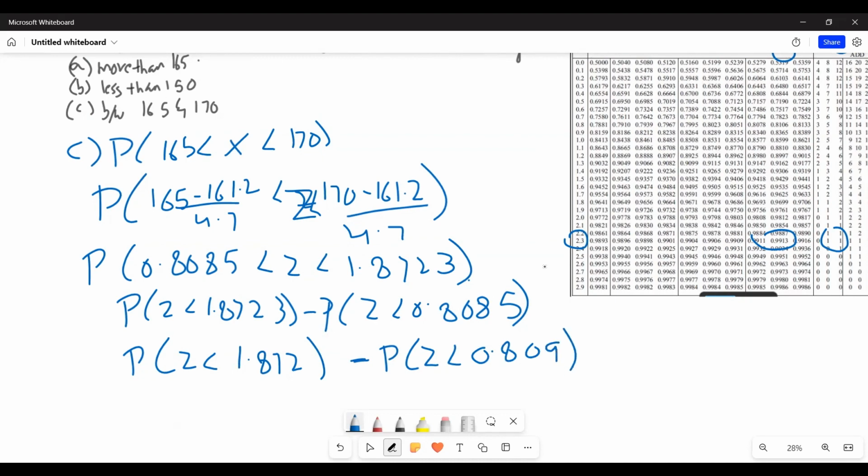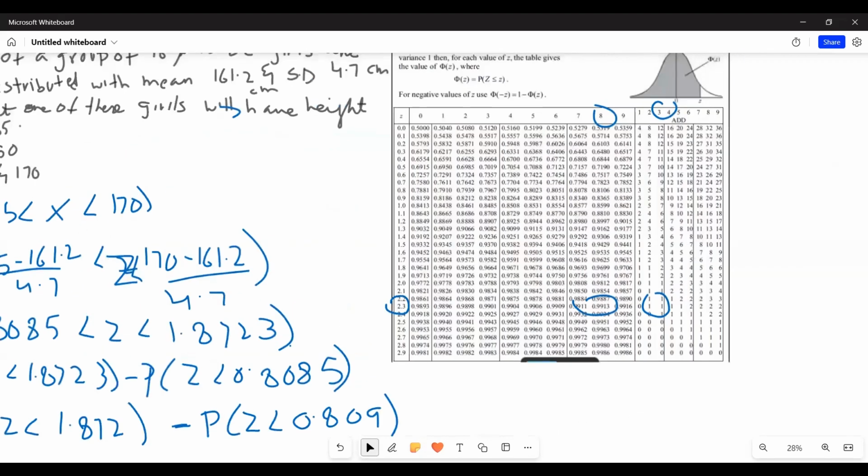Read these values from the table. 1.87 is here, and 2 is here, so for 2 we add 1 to it. So 0.9694.